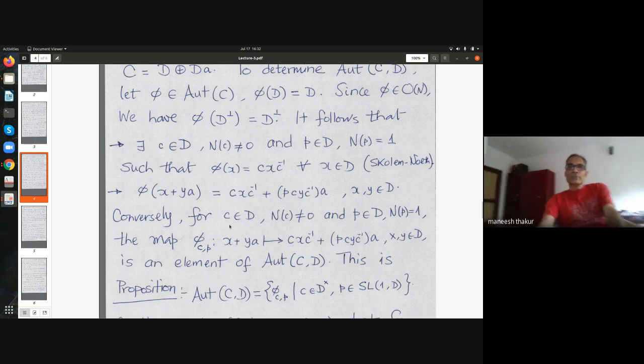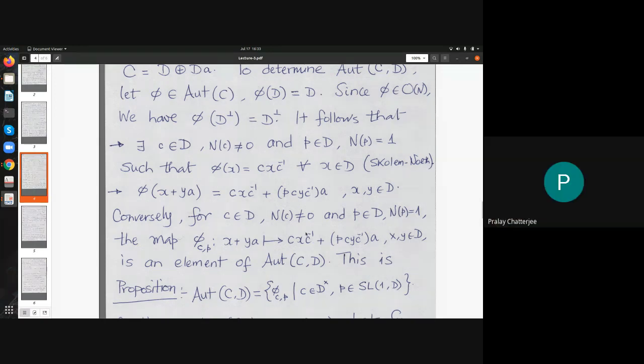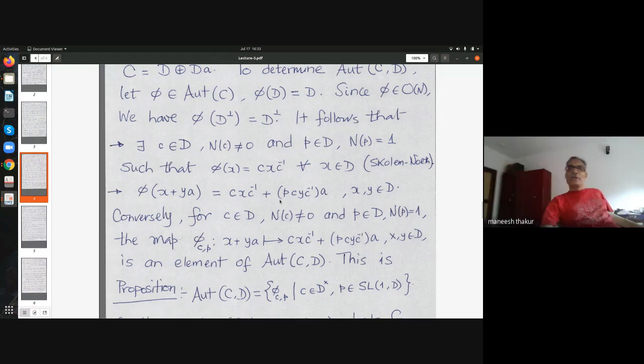Okay, so I said additionally, which I got cut thanks to the signal, that this gives us actually an embedding. This is a subgroup. This subgroup consists of all such automorphisms. So Manish, if I take any norm 1 element P, is it going to give me an automorphism? Yes.